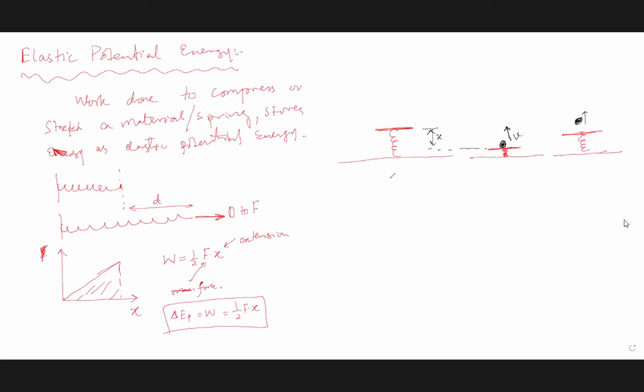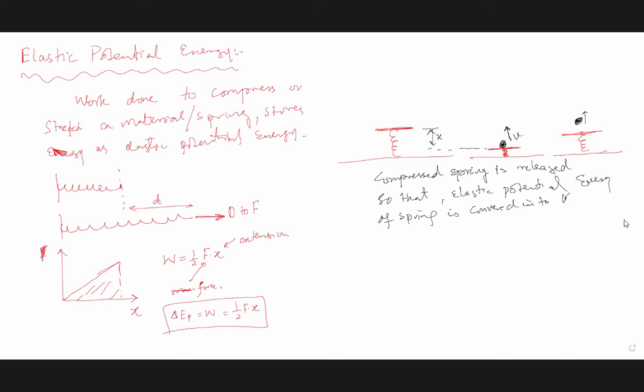So इधर क्या हो रहा है? Compressed spring is released so that elastic potential energy of a spring is transferred into kinetic energy of the ball.